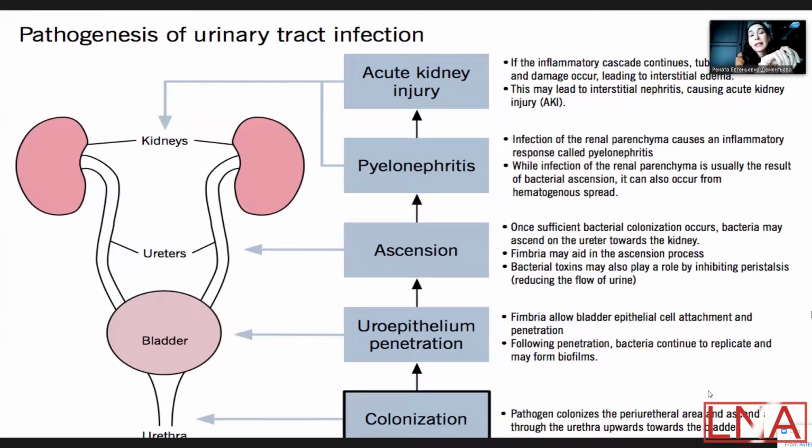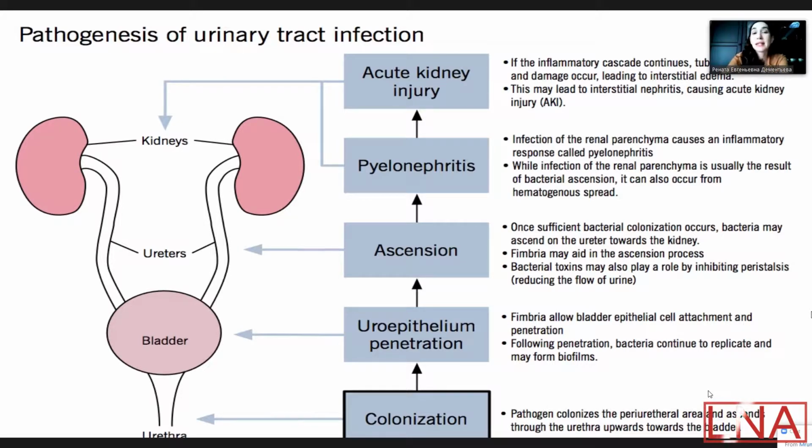Bacterial toxins disturb the normal peristalsis of the ureters due to inflammation and swelling of the wall of the ureters, leading to abnormal peristalsis and urostasis, and urostasis in its turn can also be a reason for multiplication of pathogenic bacteria.